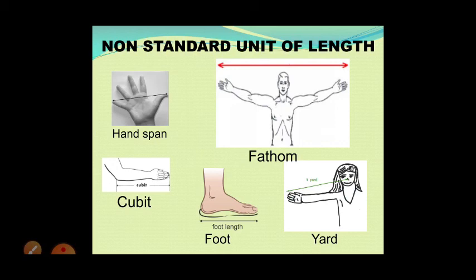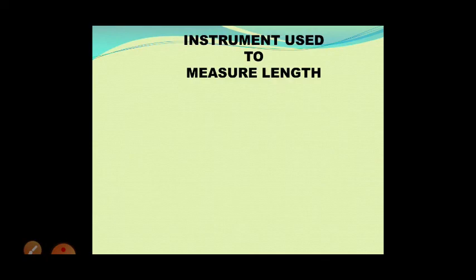That is why cubit, foot and so on cannot be taken as a standard unit. After that we used the standard units, that is SI unit, CGS unit, FPS unit. SI units I have already discussed.